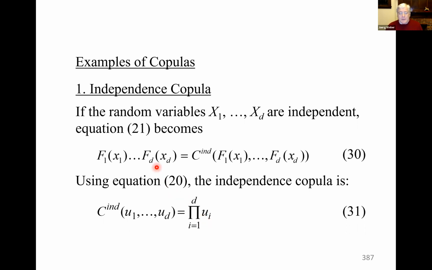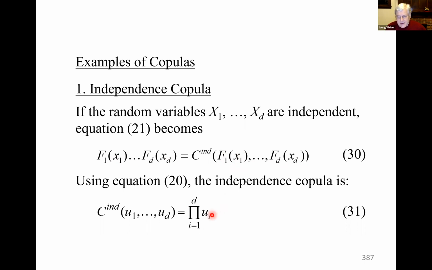Originally we have the x's, x1 up to xt, the observed values, and then you go through the marginal distribution. You take the CDF, the cumulative distribution function of the marginal distribution, and then you get the u's.